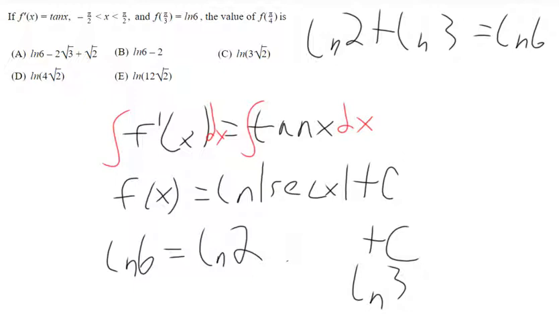So I know that C is natural log of 3, so I can replace this C right here with a natural log of 3. And now we have an equation here for f of x, and we can use it to find f of pi over 4. But first I'm going to erase all this extra stuff so that we have a bit of room to do that.